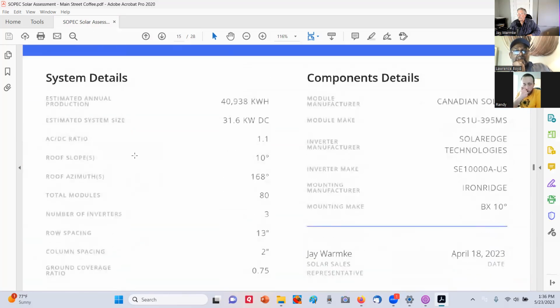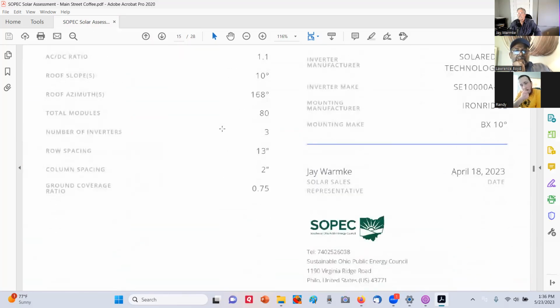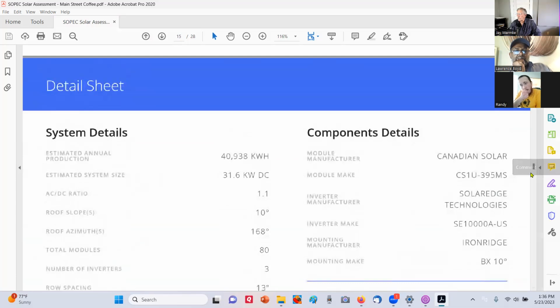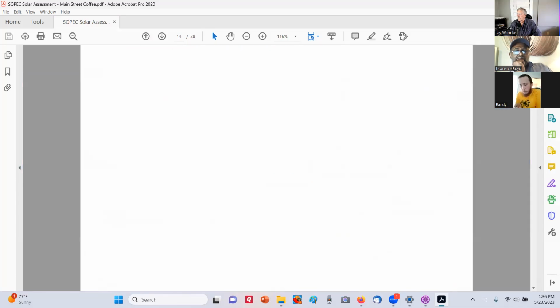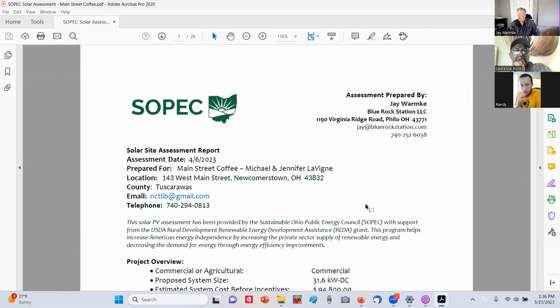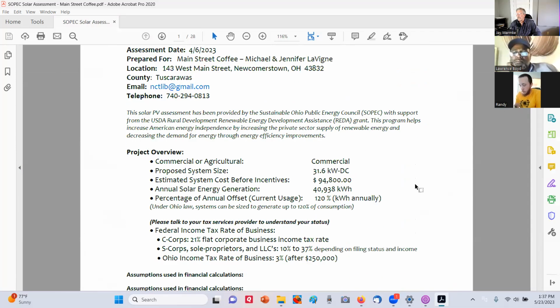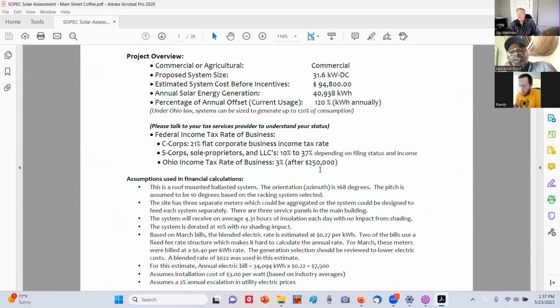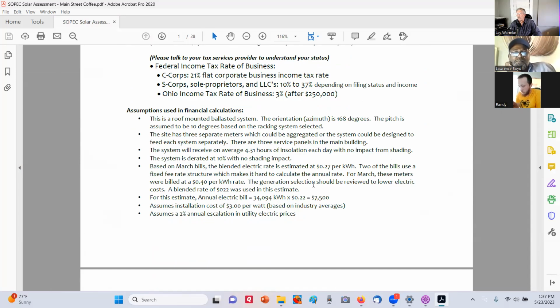You can even put in your system details. So this is typically what people would give them, is just that. But I have my own. This is just like a Word document that I then take some of that information and plug it in, just so it's a little easier to follow. Has a lot more information that I can add to it, descriptions, things like that.